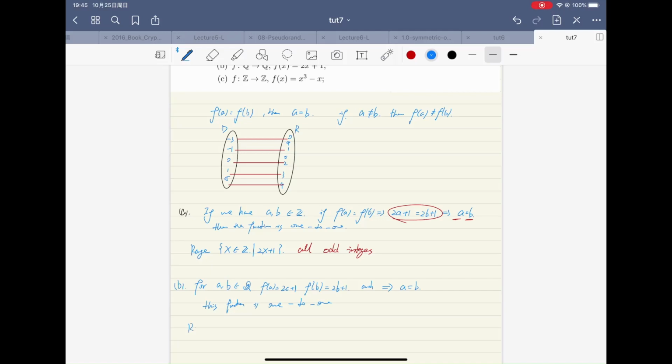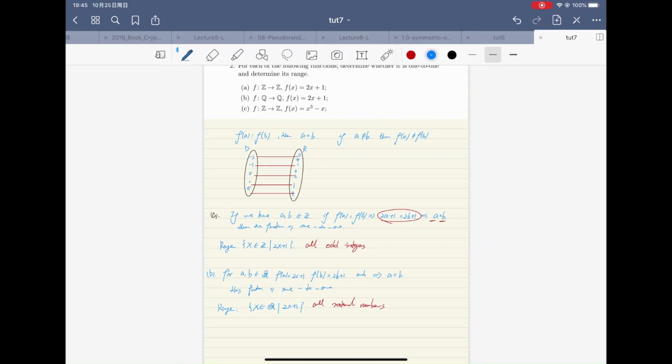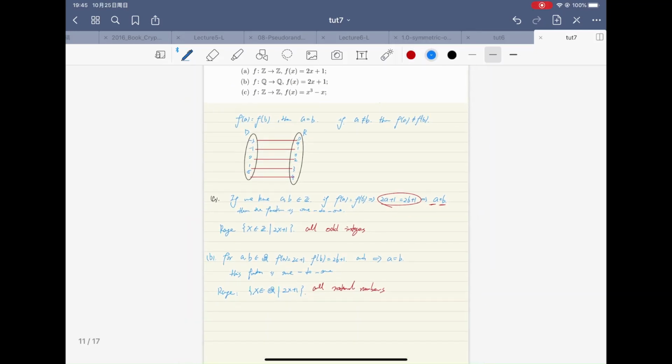The range should be the same. x belongs to rational numbers and 2x plus 1. So it's all rational numbers. Yeah, that's the function B. Next one should be function C.